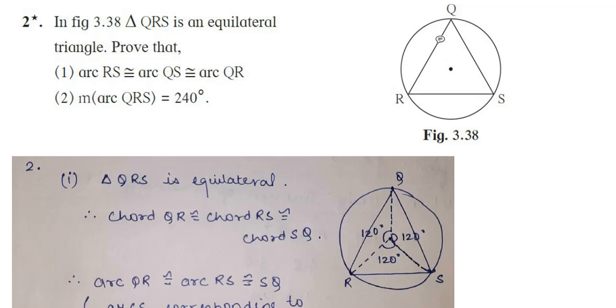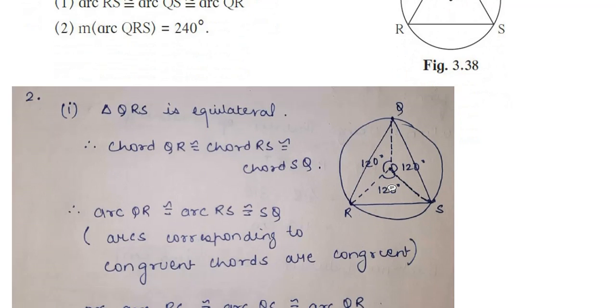It says that I have a circle inside which I have an equilateral triangle. Now what is so special about an equilateral triangle? Yes, all three sides of an equilateral triangle are equal. Which means in this question, the lengths of QR, RS and SQ are all going to be the same.